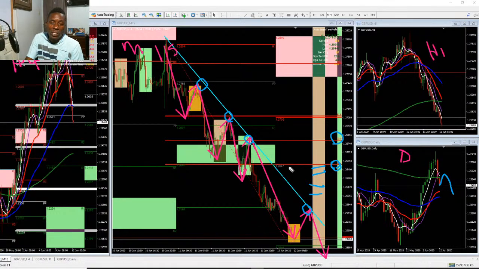But if I see a proper setup, I'll just take it, because I'm here to make pips. I'm not here to be right or wrong. Bottom line, pips. I'm not about me being right or you being wrong. You can be a buyer and I can be a seller, and we're both making pips, up and down. So I hope that answers your question.